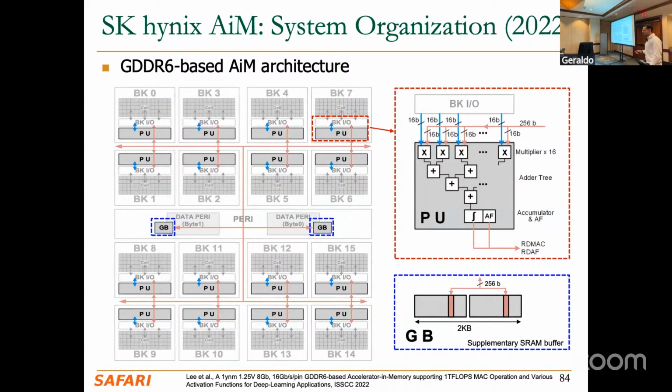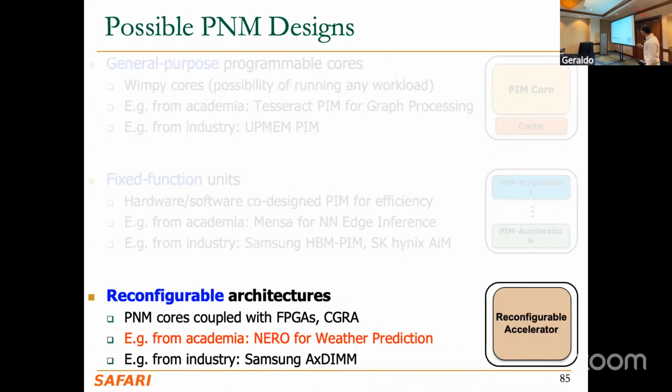This is all to show that the memory manufacturers are catching up on this type of architecture, because we are having a push from applications such as generative AI, right? We're having a push from the application domain. So that was for the fixed functional unit. Is there any question related to fixed functional unit processing near memory?